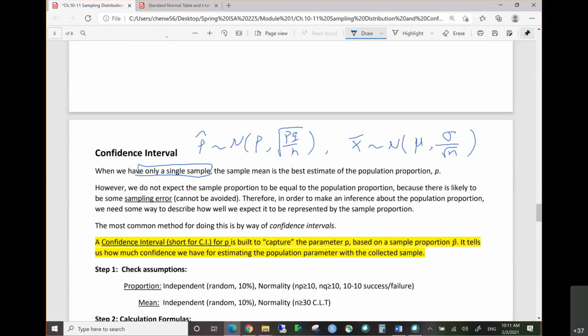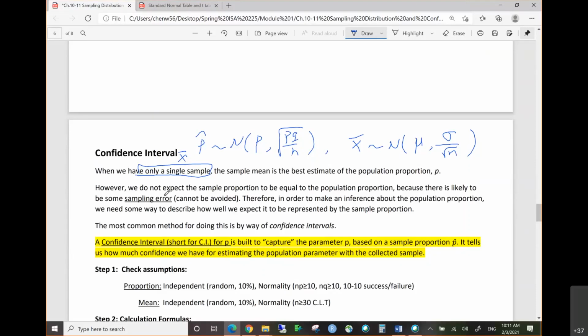Right, we have this relationship, but once we have only one sample, is it possible that once we calculate the sample mean for this sample, we can just say the population mean will be the same as the sample mean? Of course not, right?